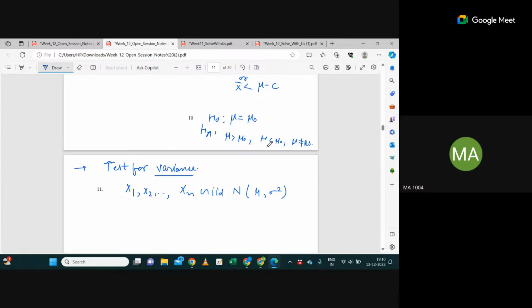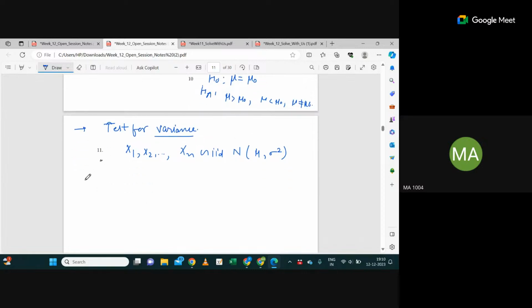Now suppose I'm interested in checking the variability of my data set. So I can define H naught as sigma equal to sigma naught, and the alternative will be, let's say, sigma greater than some sigma naught.